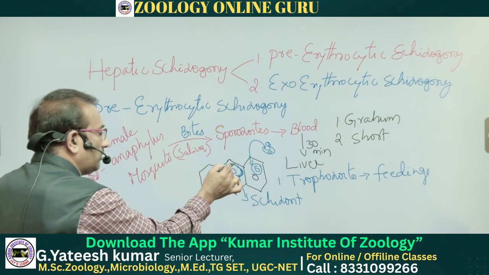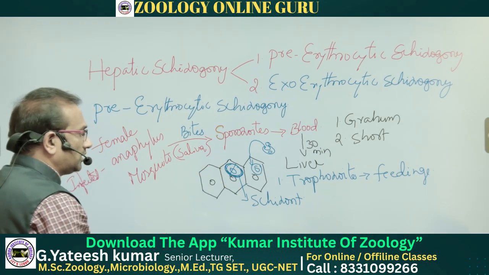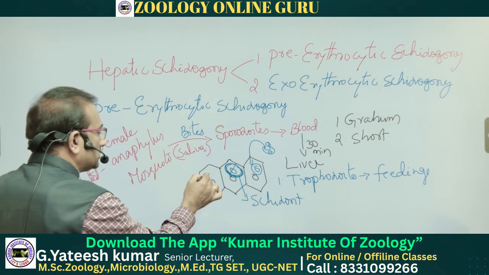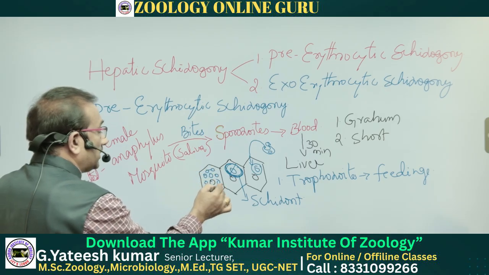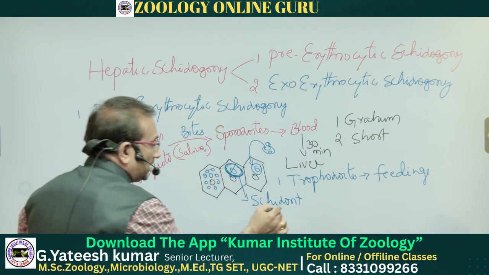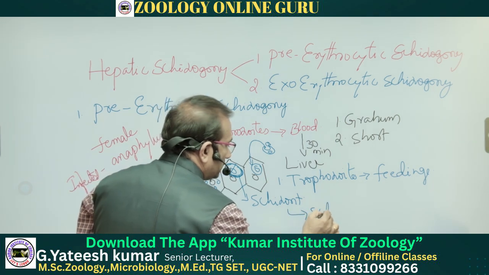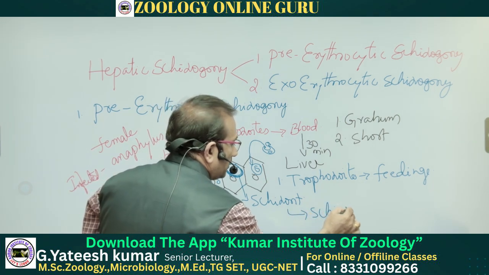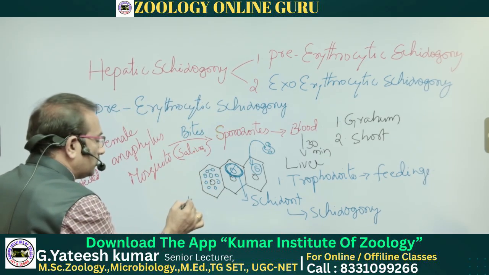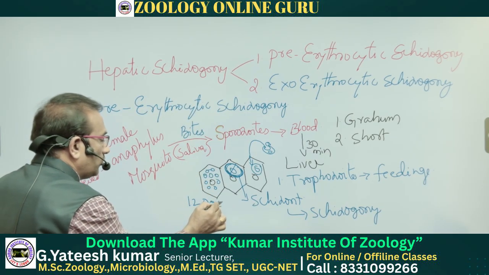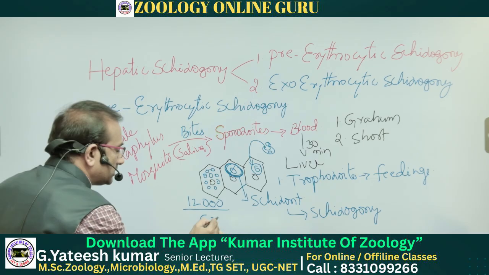This schizont undergoes divisions, that is, undergoes schizogony, and produces 12,000 cryptozoites.